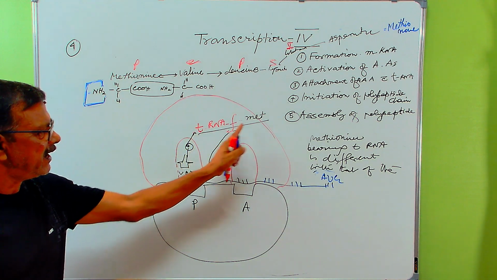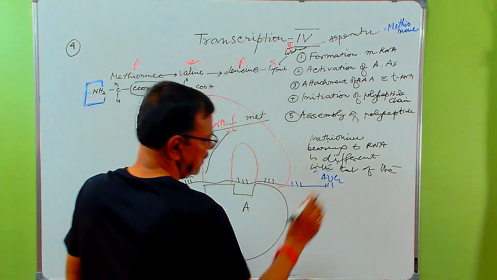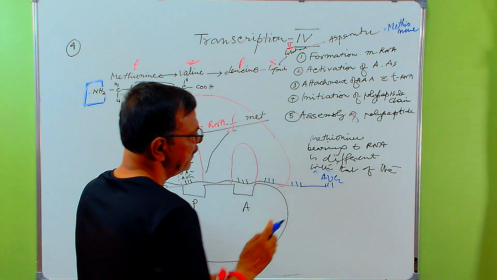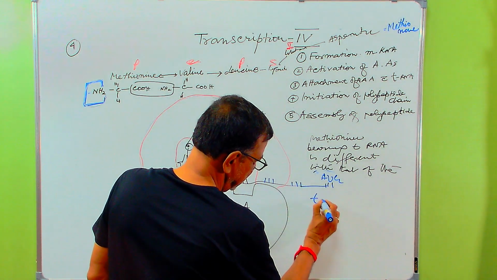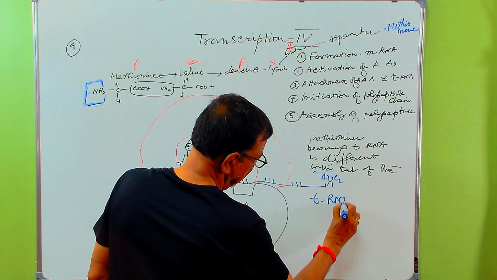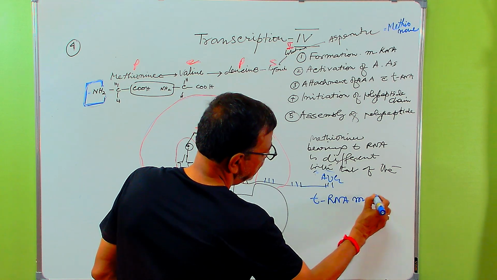This is tRNA F met. This will be given a name known as tRNA M met.